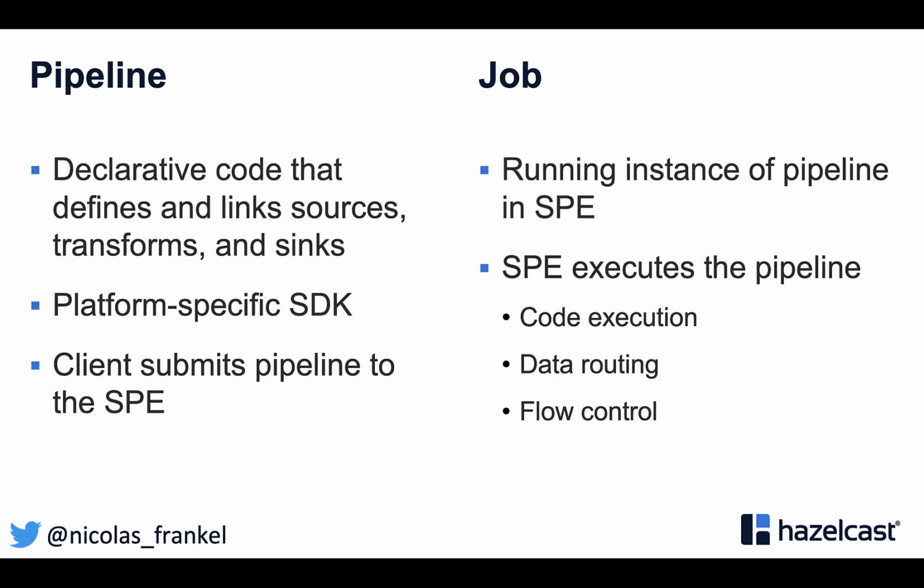Once you have done that, you submit that to the stream processing engine. The stream processing engine will read that pipeline, distribute it all over the cluster, and by doing that, it will transform it into the job. So basically, a job is a running instance of a pipeline.